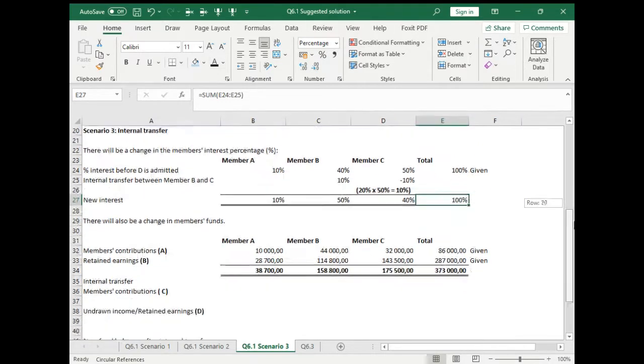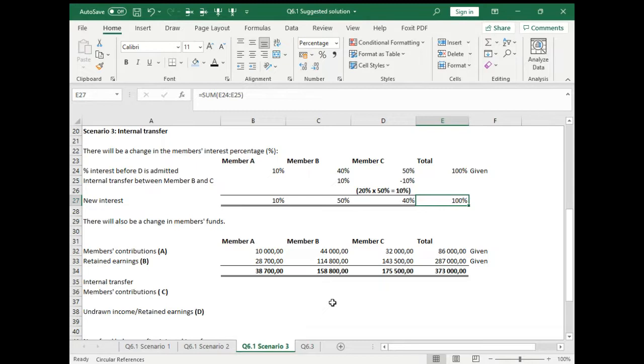Then if we look at the members' contribution, this is what it was before they disposed of their interest. Nothing will happen with member A because it is a transfer between member B and member C.